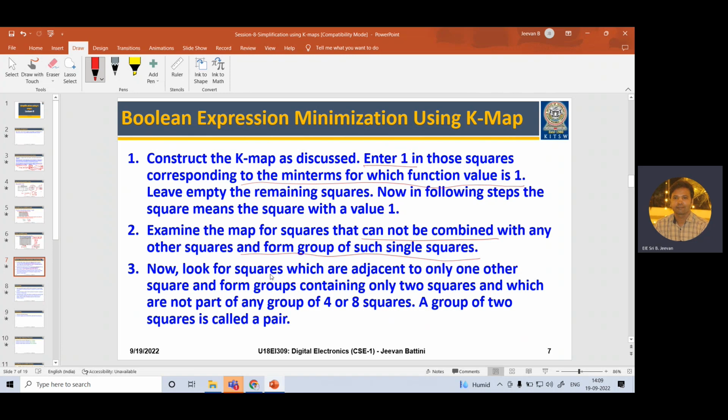First one, right? Now look for the squares which are adjacent to only one other square. So next you need to look for one which has only a single adjacent. First one has no adjacent, which is also called isolated. Second one is single adjacent, which has only a single adjacent one.